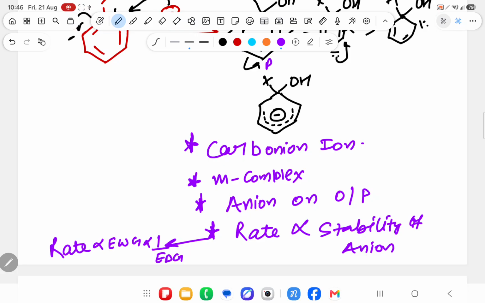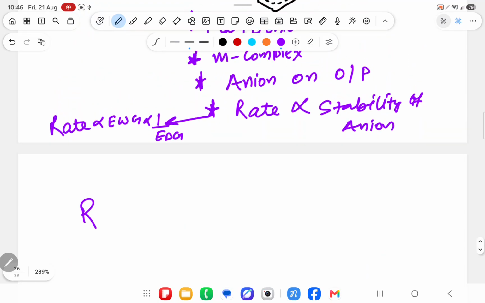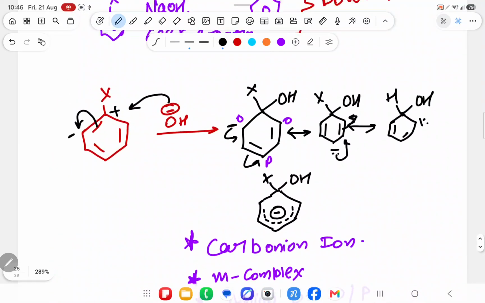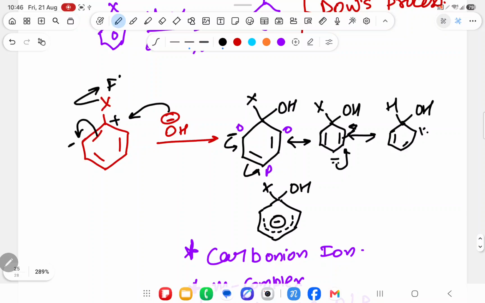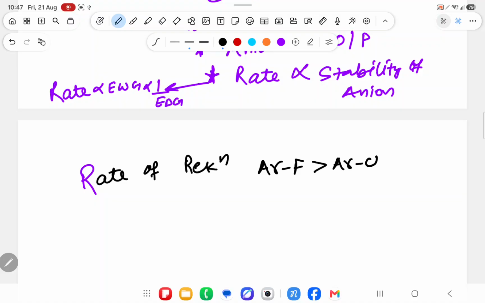Now over here you have to understand one more part. If they ask, sir, in place of X you can take fluorine, chlorine, bromine, iodine, in which case will the rate be more? The rate of reaction of ArF will be more than ArCl, then ArBr, then ArI.